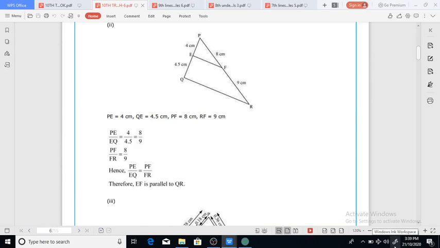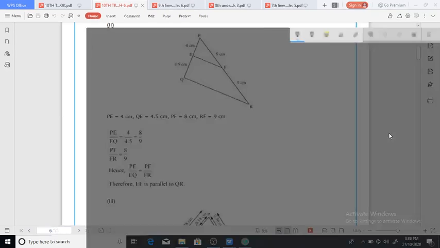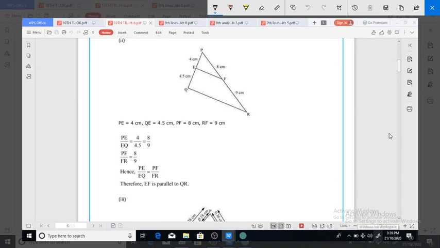Here we can easily take the proportional again. PE divided by EQ equals PF divided by FR. Write the values: PE is 4, EQ is 4.5, equal to 8 divided by 9.